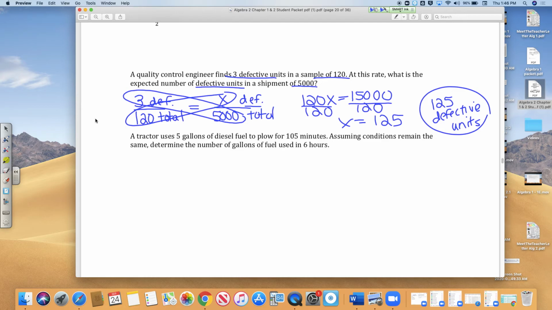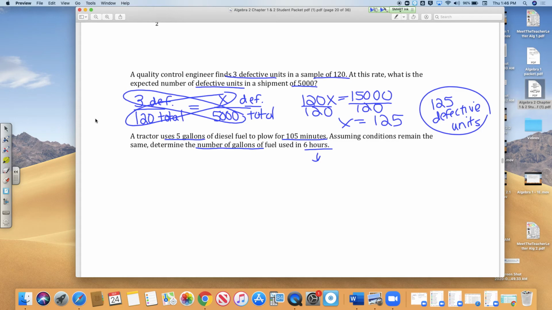Okay, the very last one in this section says a tractor uses 5 gallons of diesel fuel to plow for 105 minutes. Assuming conditions remain the same, determine the number of gallons of fuel used in 6 hours. Okay, so we have 5 gallons for 105 minutes. We want to know how many gallons of fuel for 6 hours. First thing I realize is these are not in the same unit.